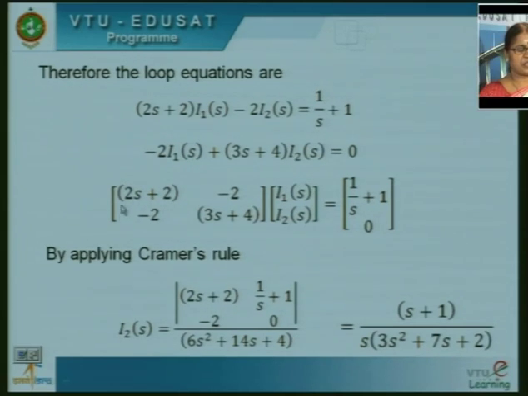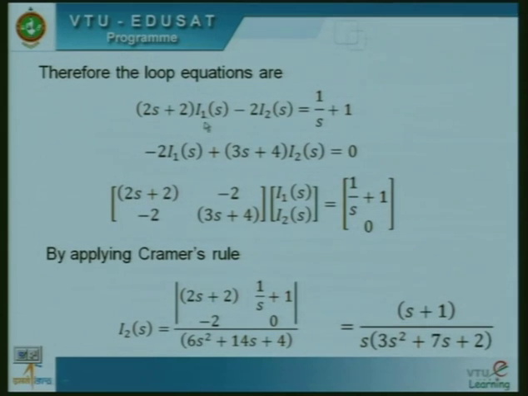The first equation in matrix form is 2S plus 2, the coefficient of I1 of S, minus 2, the coefficient of I2, multiplied by a vector of loop currents I1 of S and I2 of S, equal to 1 by S plus 1.